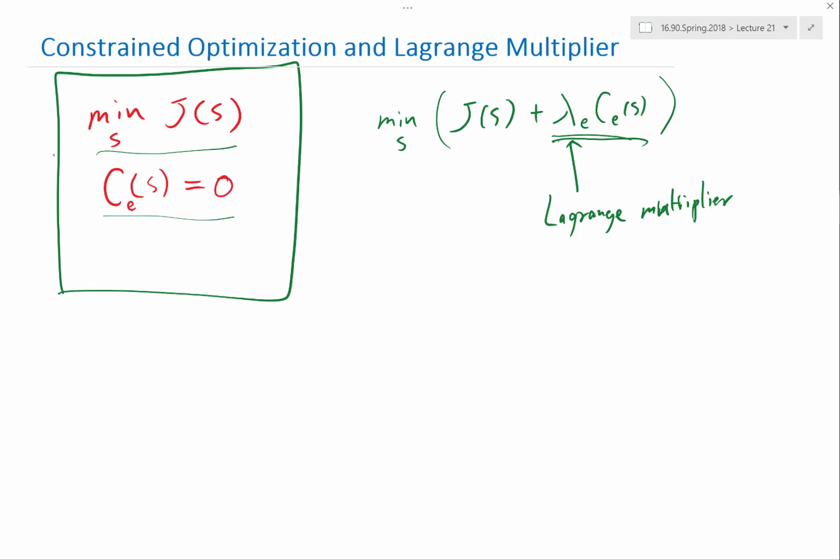How can I know that? I need to know the gradient of CE of S. Why is that the case? Because if CE of S was something a lot less than 0, very close to the minimum of J of S, then that could move the minimum of the combined function. Right, actually that's the case.